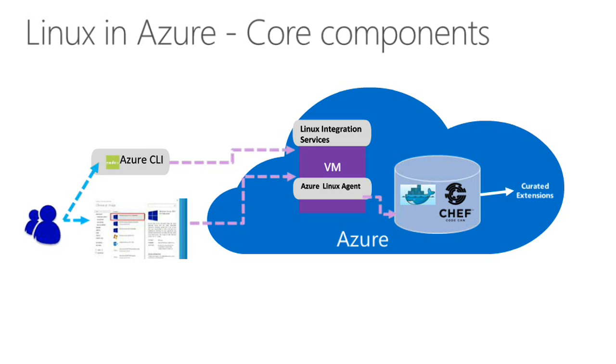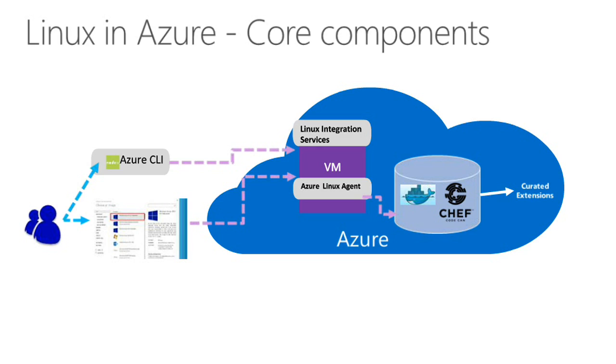And then the third component that is really critical to have a superior experience on Azure is what we call the Linux agent. It's an Azure Linux agent. It's a really simple agent that is embedded in each of the virtual machines that enables some really basic functionality around networking, around the ability to bootstrap your virtual machines with some configuration information that you would like your Linux virtual machines to have, and so on and so forth.